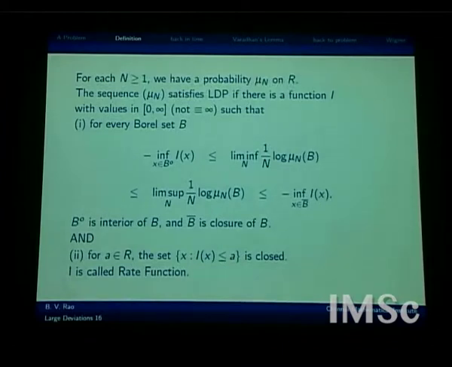If you take any real number a, look at all points where your function I takes a value less than or equal to a. That should be a closed set. That is the technical condition, and this is usually known as lower semi-continuous. For several reasons it appears.